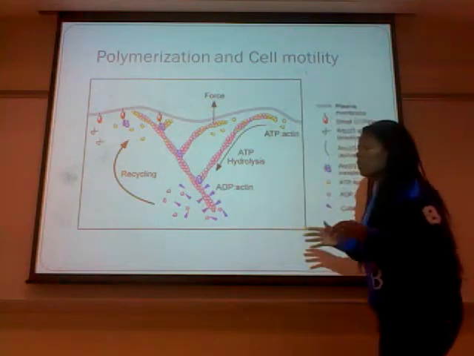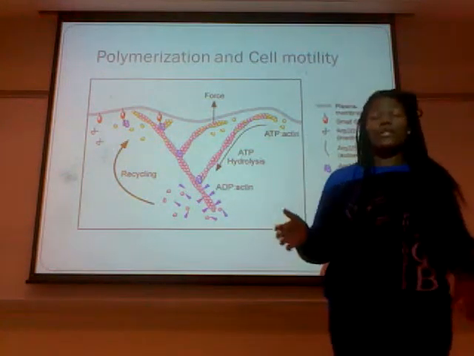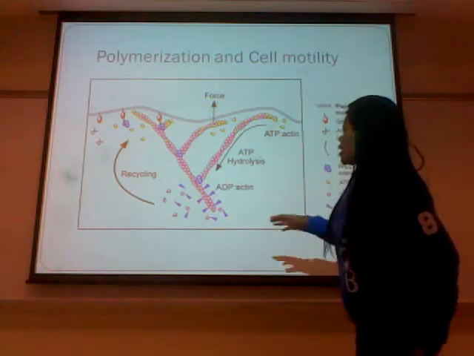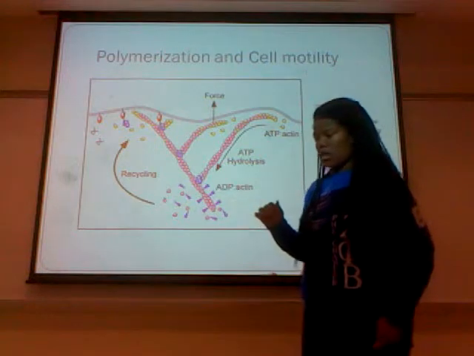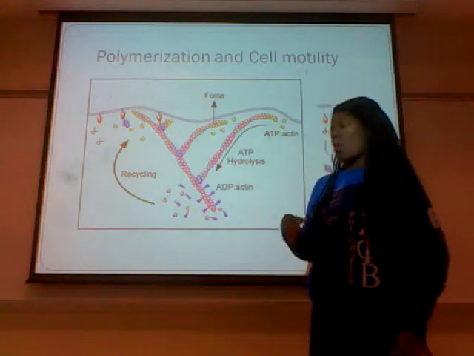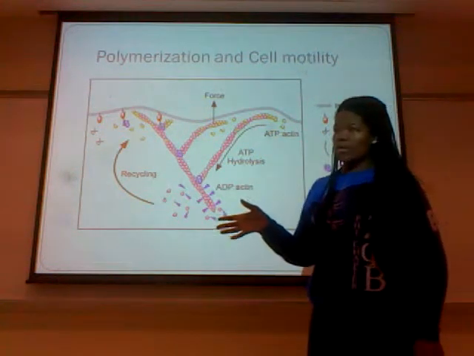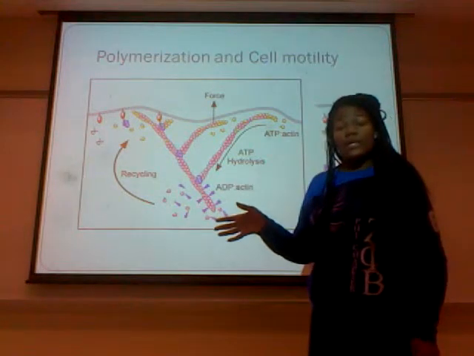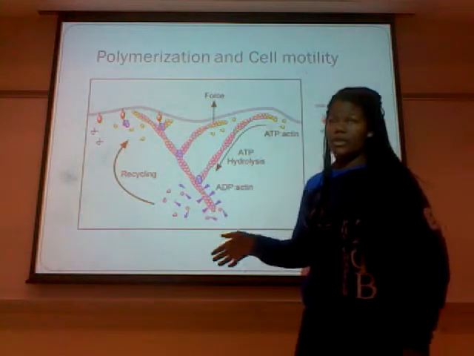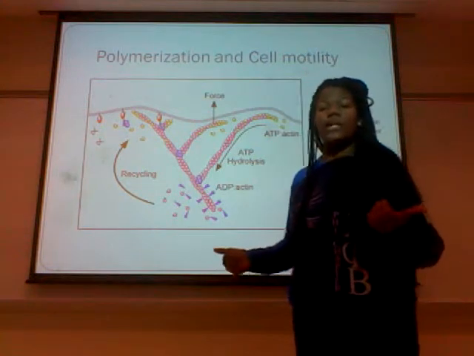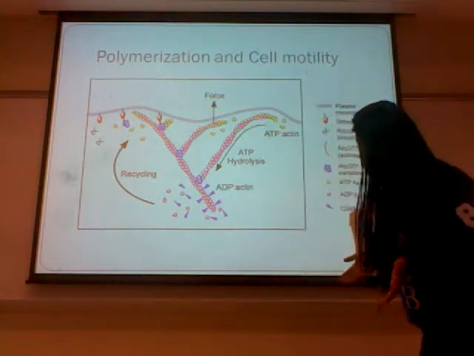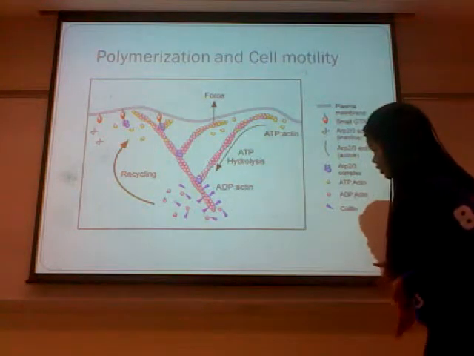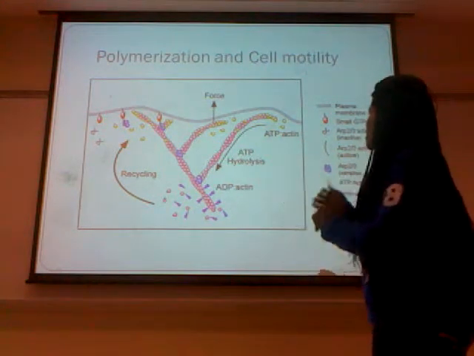And this happens with the whole ATP hydrolysis, like she was referring to before. They form these arrow-like conformations of the G-actin and the F-actin, where the arrow-like end is the plus end promoting polymerization, and the barbed end, which is the negative end, influences depolymerization.